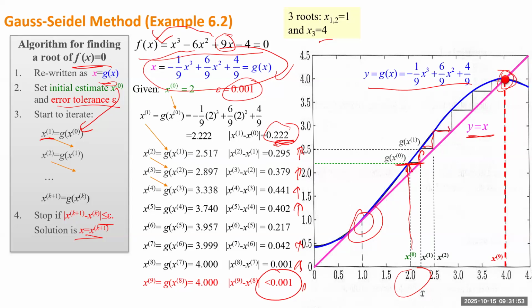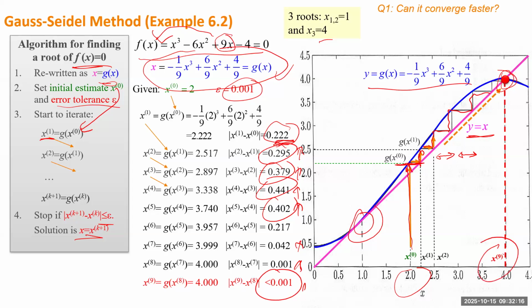So you just climb up, following these stairs. The gap or distance between each stair corresponds to how much you update those values. When you get closer to the third root, eventually it will converge there. So after the next iteration, you get a good enough root.